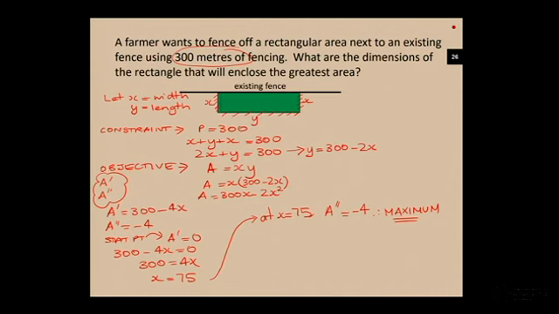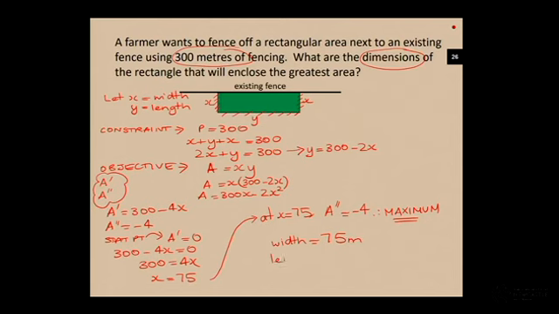A maximum. And the final thing is, make sure you answer the question, which is, what are the dimensions? When you talk about the dimensions of a rectangle, you tend to say that x, which is its width, so the width is equal to 75, and it was in metres.